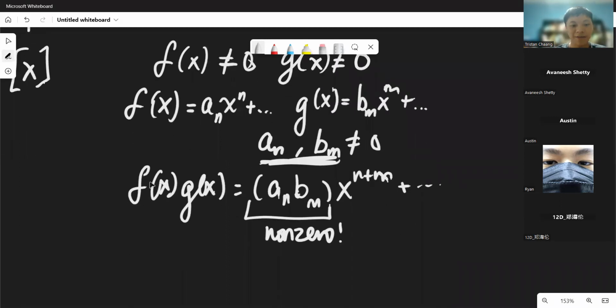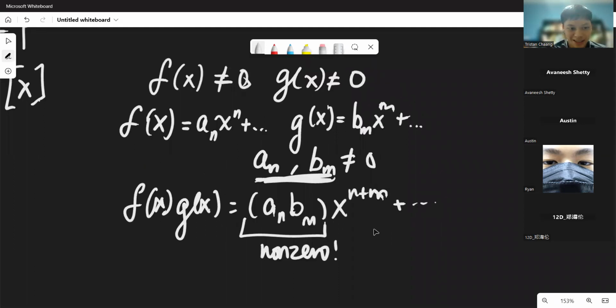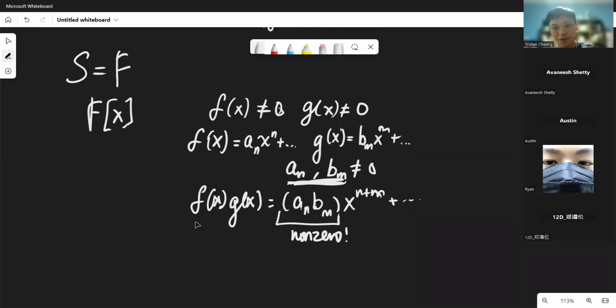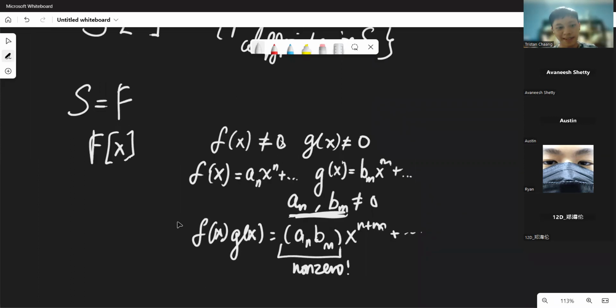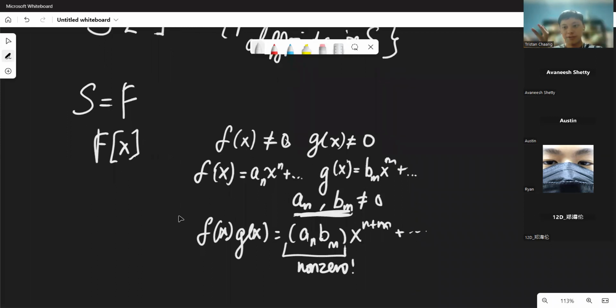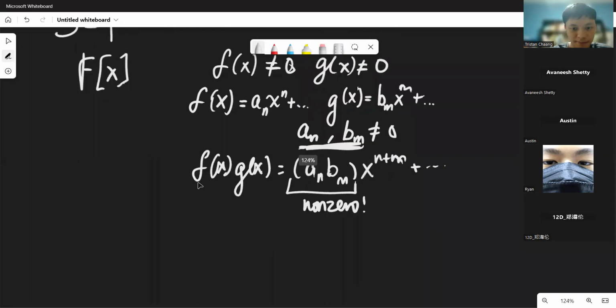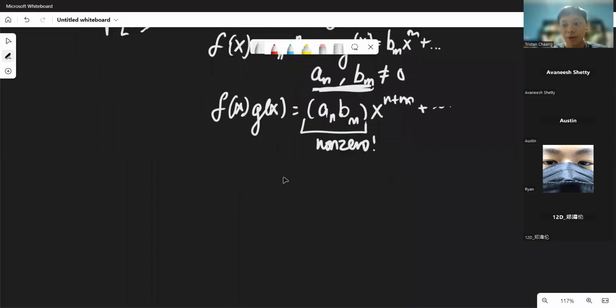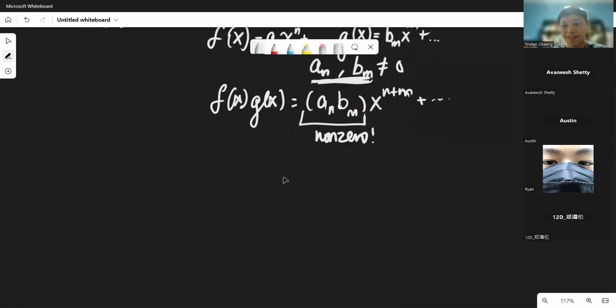And therefore, f(x)g(x) cannot be the 0 polynomial. So this is a very important property of the set of polynomials, that it has no zero factors. If you have 2 polynomials that multiply to 0, one of them must be 0. Okay, what's so important about this is because now we can talk about factorization in an arbitrary set of polynomials over some field.